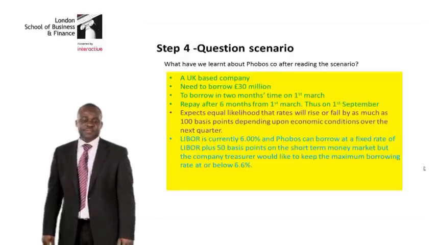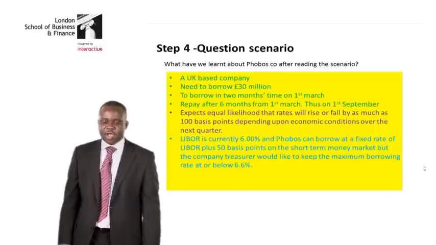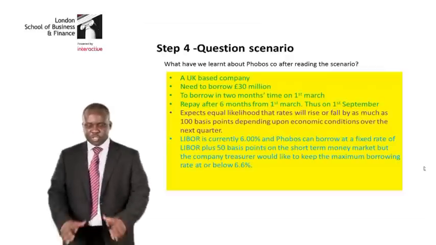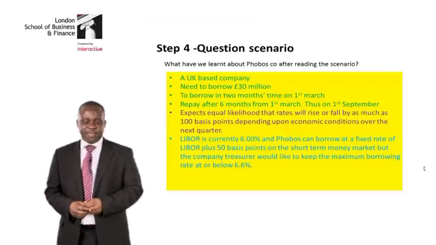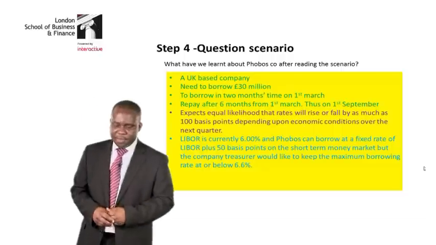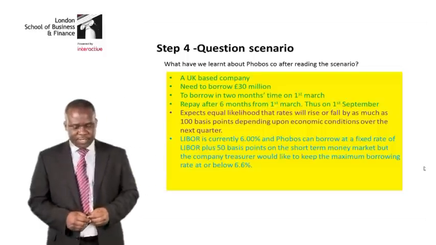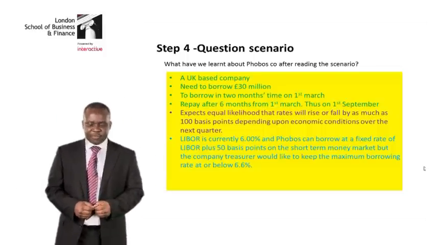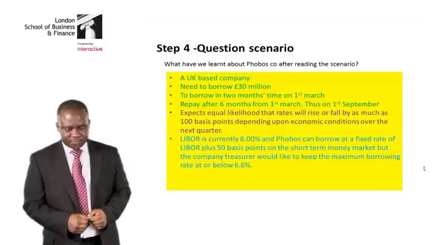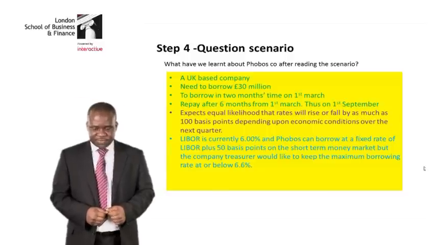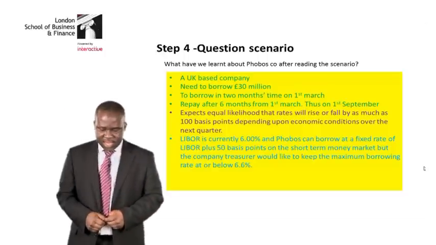Okay, so let's see. What have we learned about Forbes Co. after reading the scenario? You need to highlight all of that. That is what I have taken the time to explain. Forbes Co. is a UK-based company. They need to borrow 30 million. They have to borrow in 2 months' time, which is 1st of March, and repay 6 months from now, so it should be a 4 months gap.